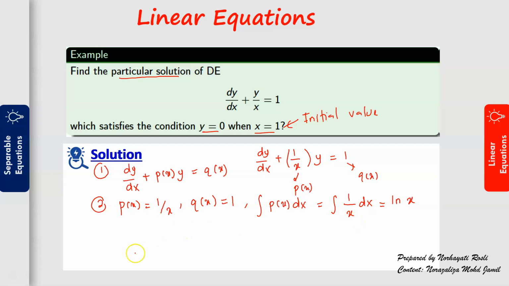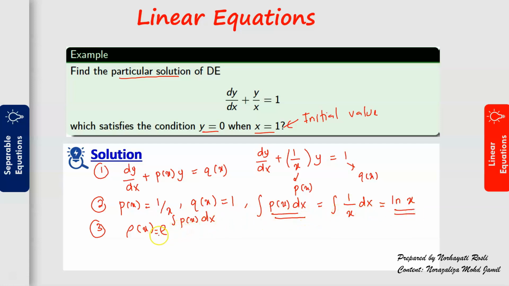And step number 3, once we have the integration of p(x) dx, you need to find the integrating factor, which is given by rho(x) equals exponential of the integral of p(x) dx. This integral of p(x) dx is given by ln x.